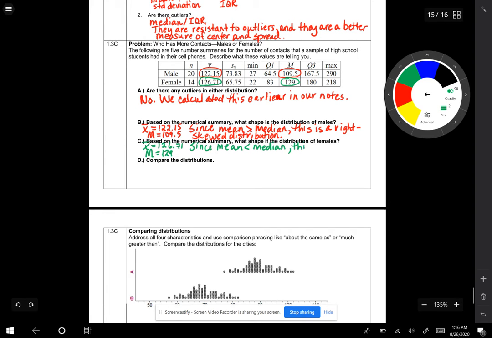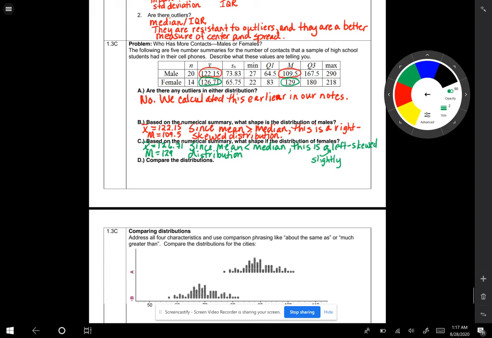This is a left skewed distribution. You know what? I think I should put the word slightly, because those numbers are still pretty similar, but one is definitely a little smaller than the other.